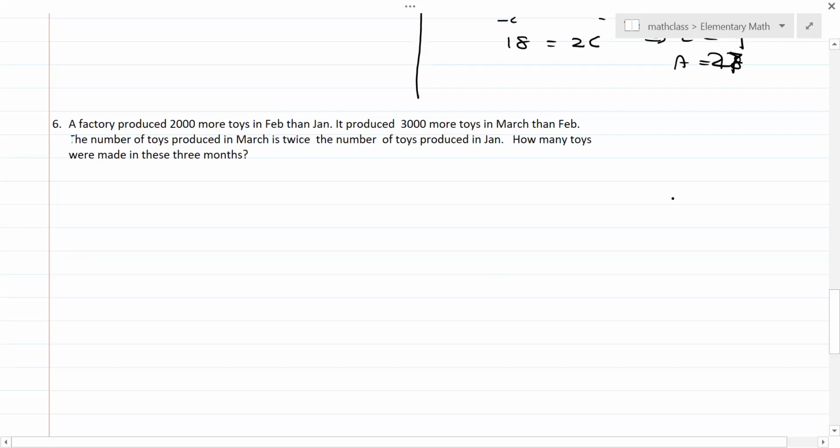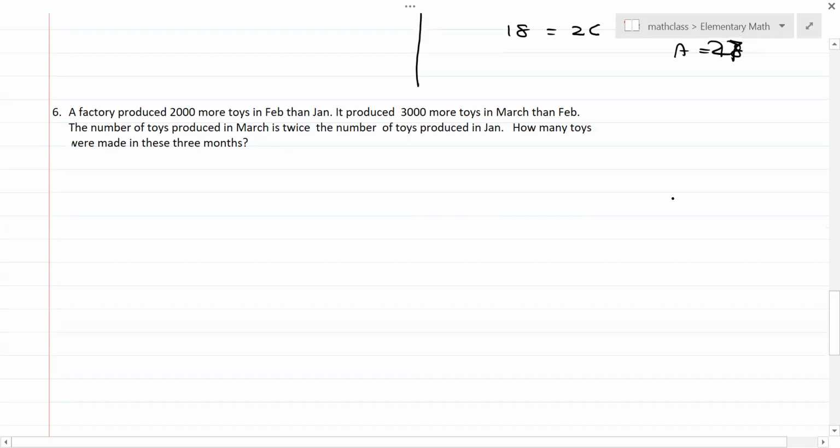It also produced 3,000 more toys in March than in February. And the number of toys produced in March is twice the number produced in January. I want to know how many toys are produced in each month, added together. Can you do that?